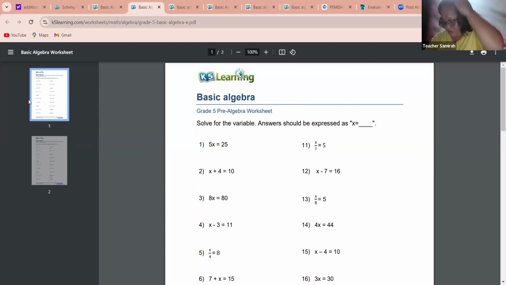So after which we are going to check our answers. Good job, everyone. Okay, who else? Shitya submitted her response from 11 to 15.